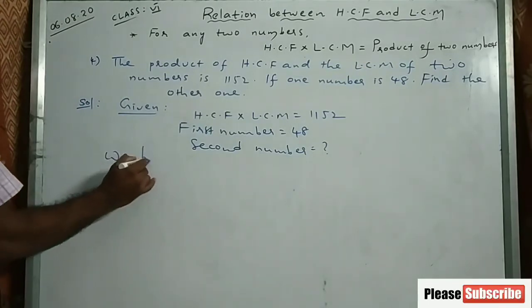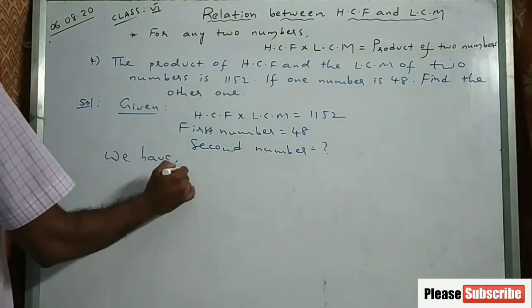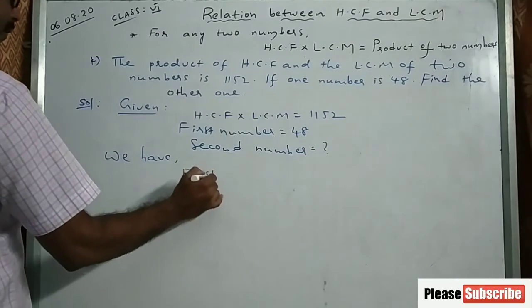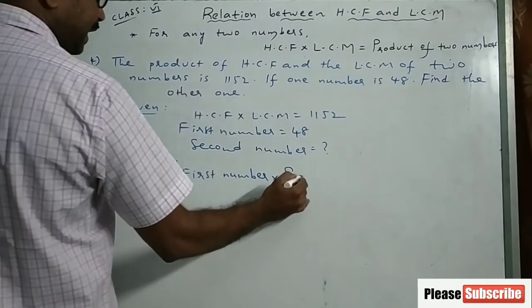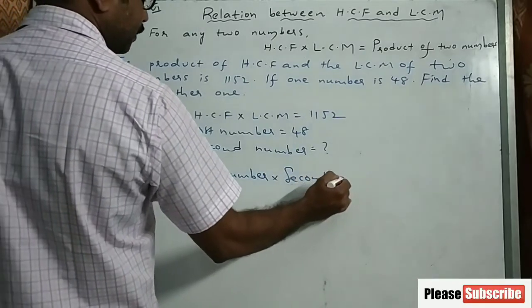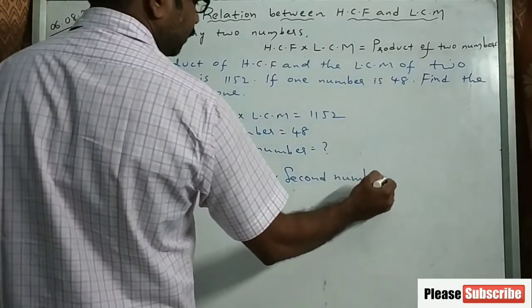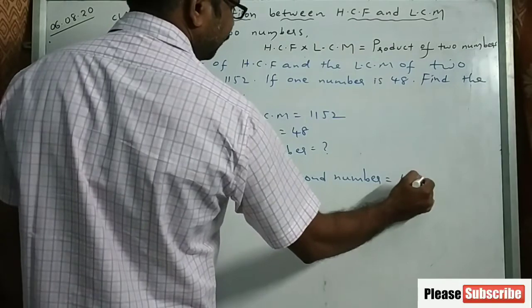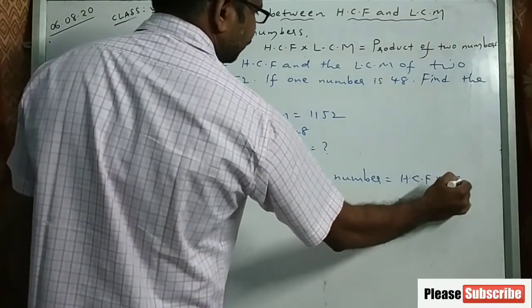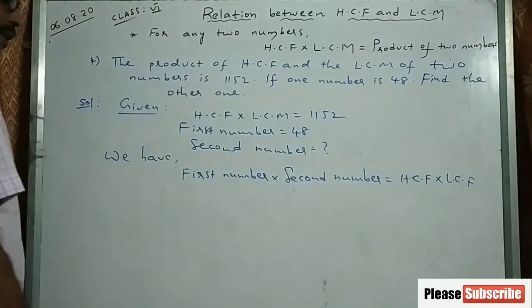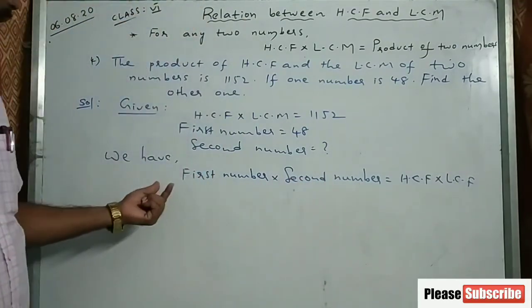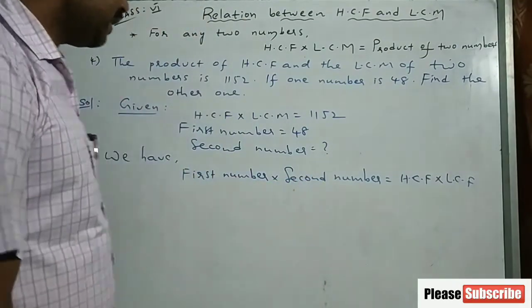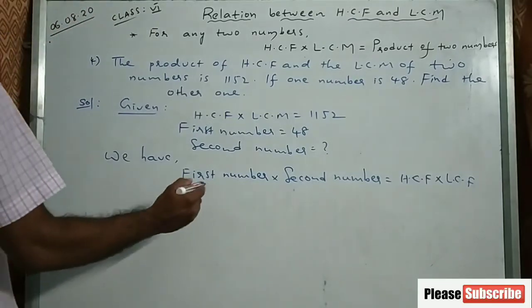We have first number into second number is equal to HCF into LCM. That is common. Instead of writing product of two numbers, I am writing first number into second number equal to HCF into LCM.